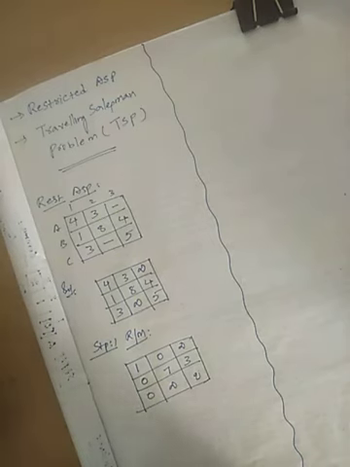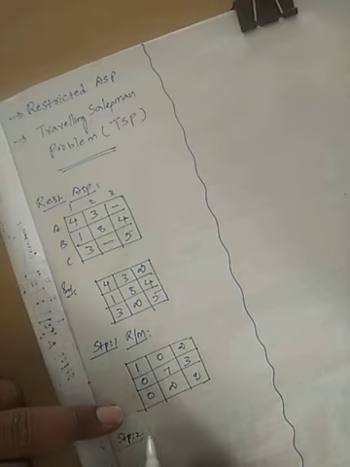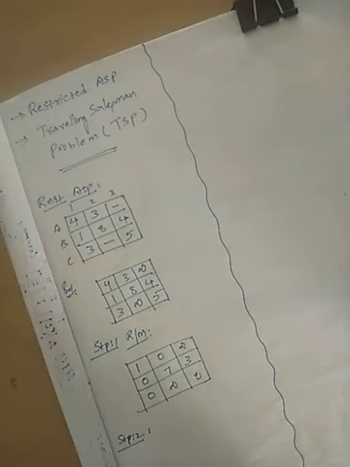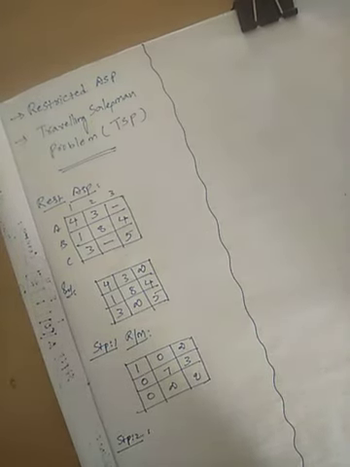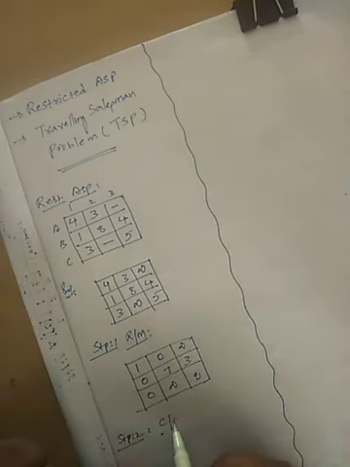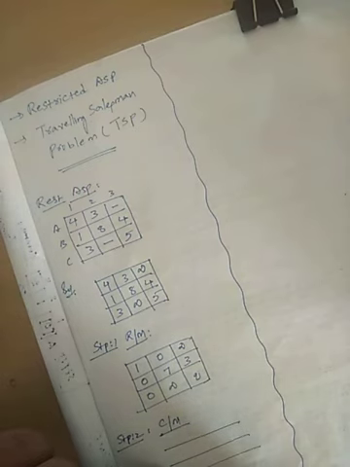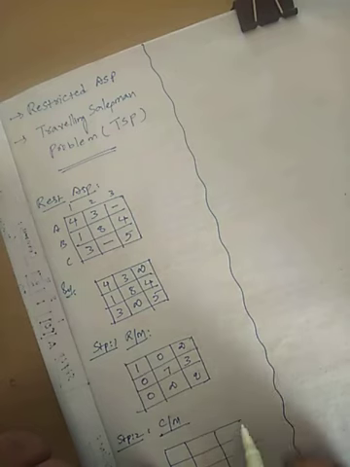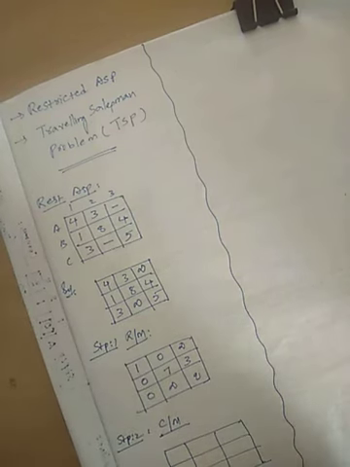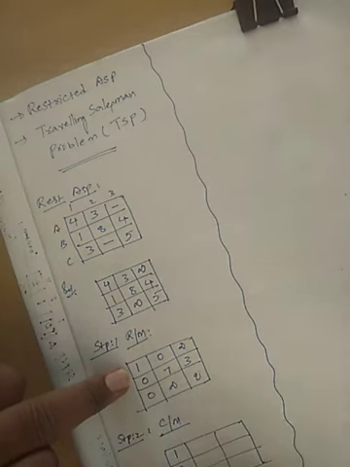Now go to column minima. In column minima we go for minimization of the columns. So 1, 2, 3. In the first column zeros are there, hence I take all the information as it is.